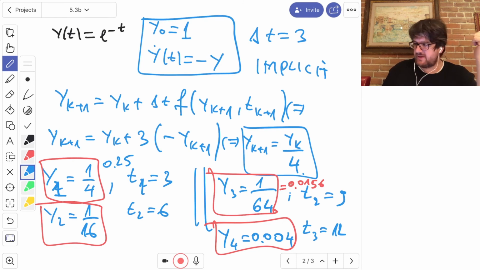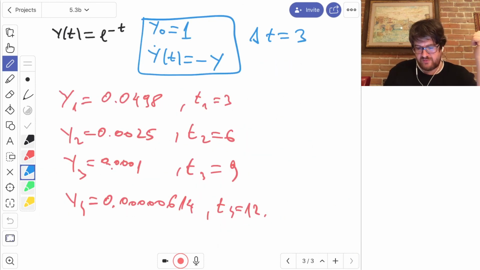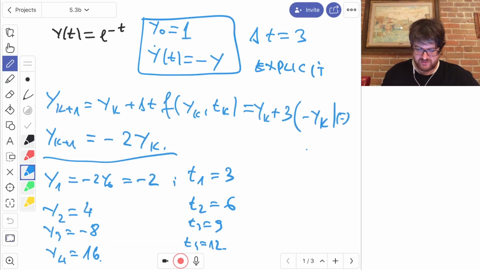The second one, the implicit one, is 1 over 16, so 0.0625, and here it is 0.0025. Normally we would say it's a big difference, but still they are quite close compared to this one, which is now 4, so it oscillates to the other side. I don't want to spend too much time here because you can see minus 2, 4, minus 8, 16.